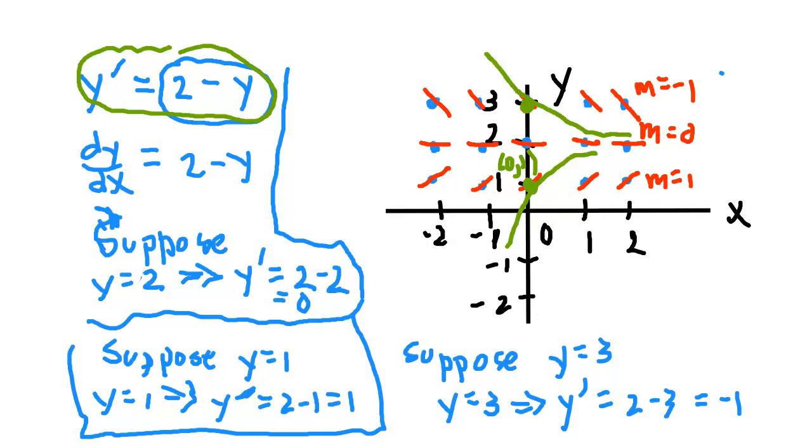Any solution that you draw has to follow the direction field. And as you go further in, the slopes of the tangent lines to the curves eventually have to approach 0. So you see the direction fields allow us to draw solution curves for the differential equation without actually knowing the solution to the differential equation.